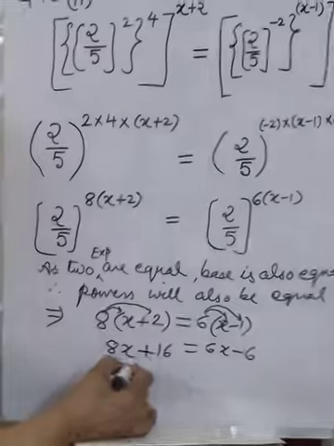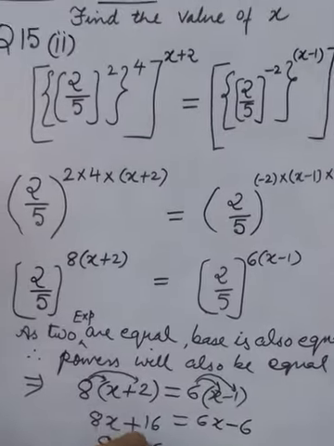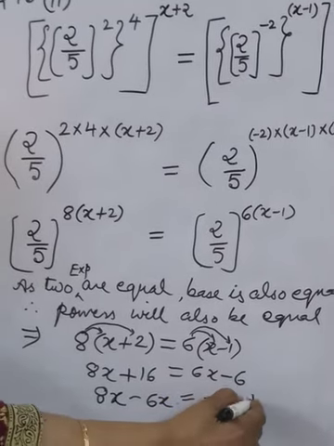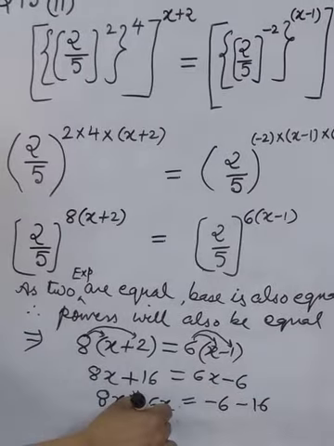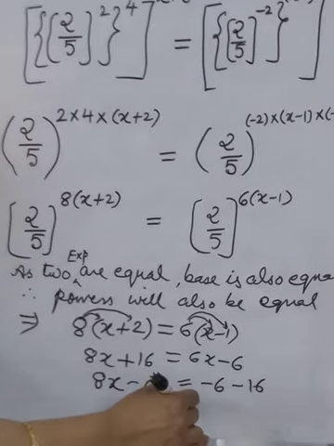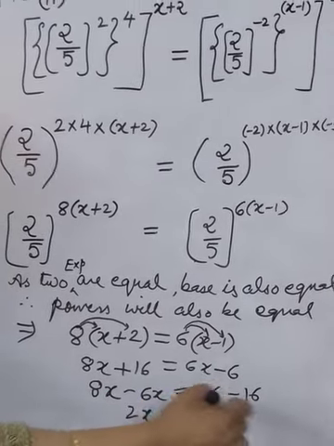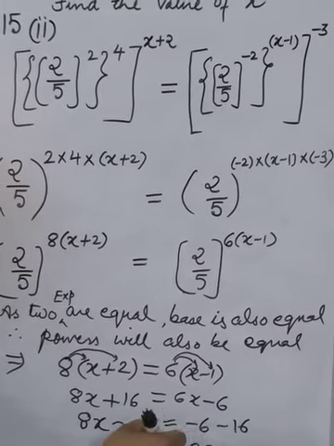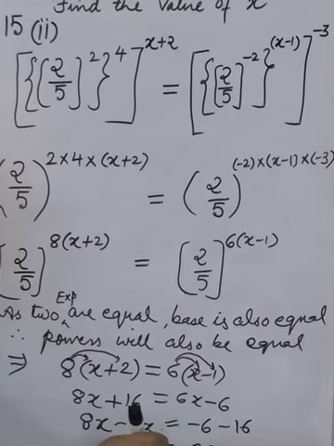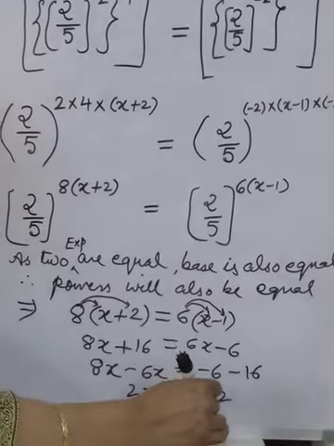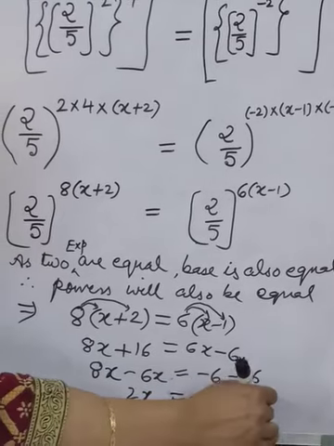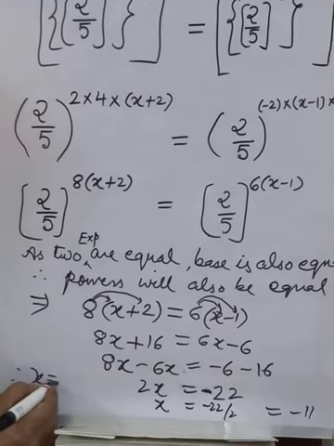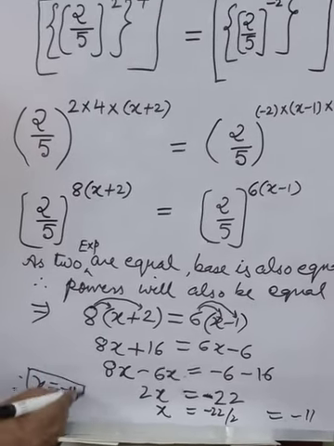So what we get? 8x minus 6x, and here we get minus 6 and minus 16. 8x minus 6x will give you 2x. 2x equals minus 22. So x will be equal to minus 22 upon 2, that becomes minus 11. Therefore the value of x is equal to minus 11.